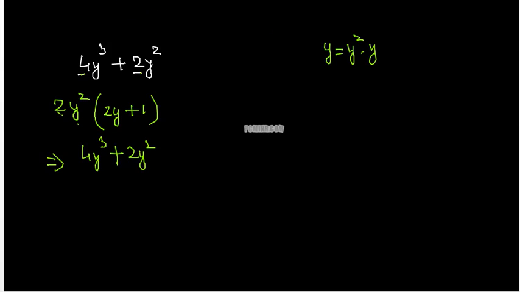I'll practice some more questions with you. I have a question here which is given like this: 18k square minus 21k. If I have to write this expression in the factor form, what will I do? I see 18 and 21.